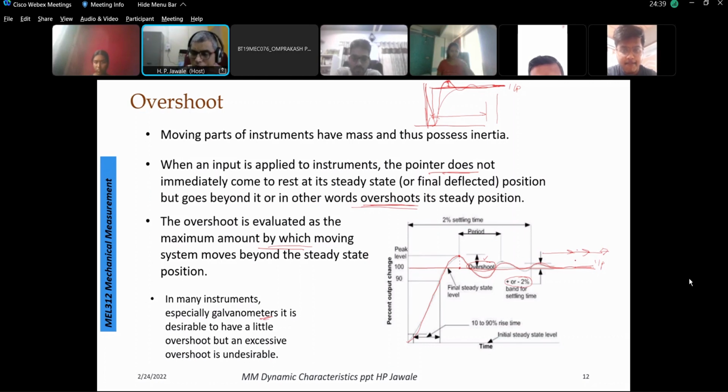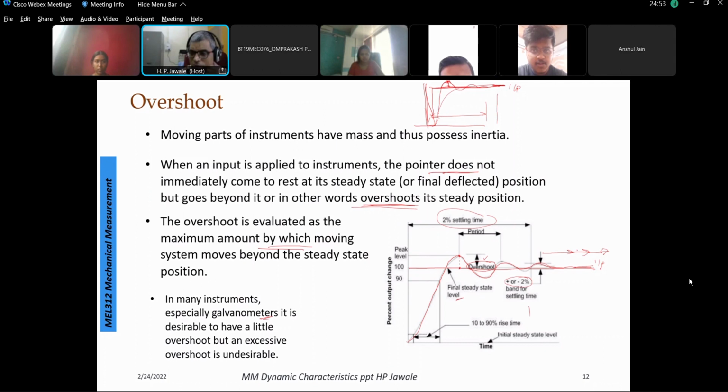And the total time taken to reach the settlement here is nothing but the 2% settling time, whereas the final steady state level is what we have already shown in the form of the standard input applied.